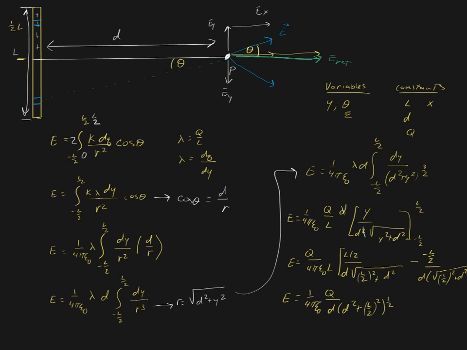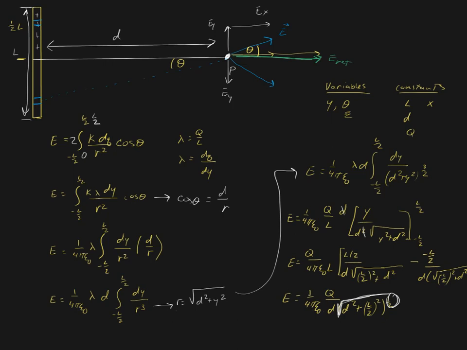Now the important thing to notice here, and it might be easier to see if we write it this way, with the square root instead of using this 1/2. If we write it this way, what we see is that this is basically of the form of Coulomb's law for electric fields for a point charge far away.